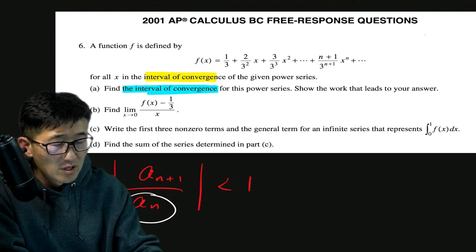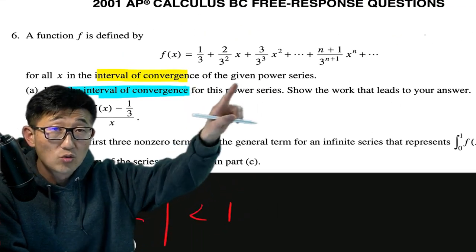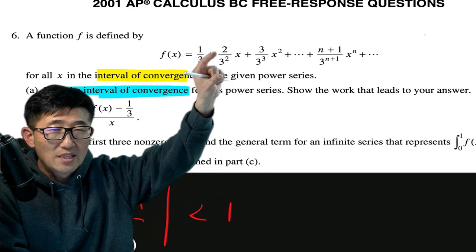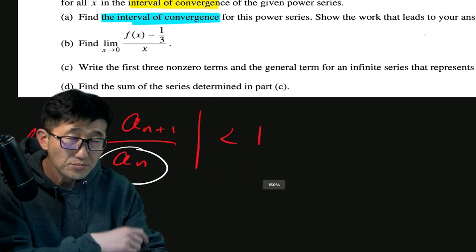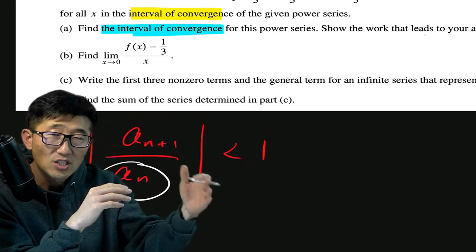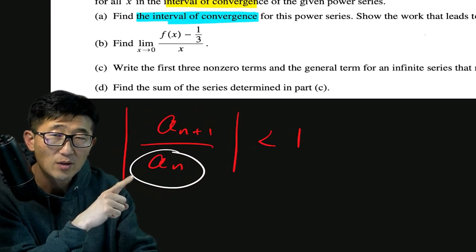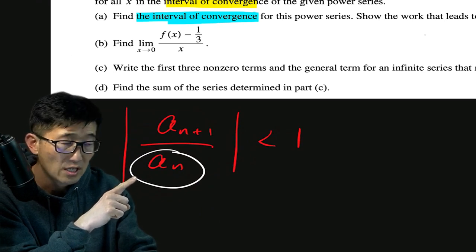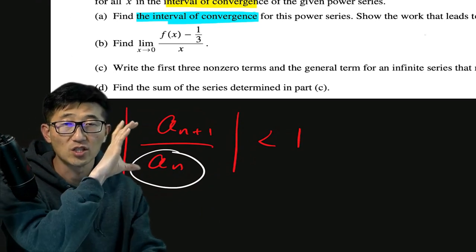If we have an infinite number of numbers just heading to the right, we want these numbers to start decreasing. a_{n+1} is the next term over. If you take the next term, which is smaller, and divide it by the previous term, which is bigger, the idea is that the fraction should get smaller and smaller.